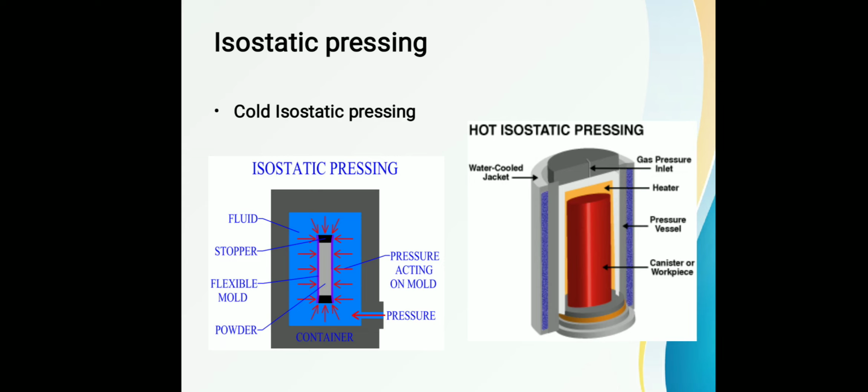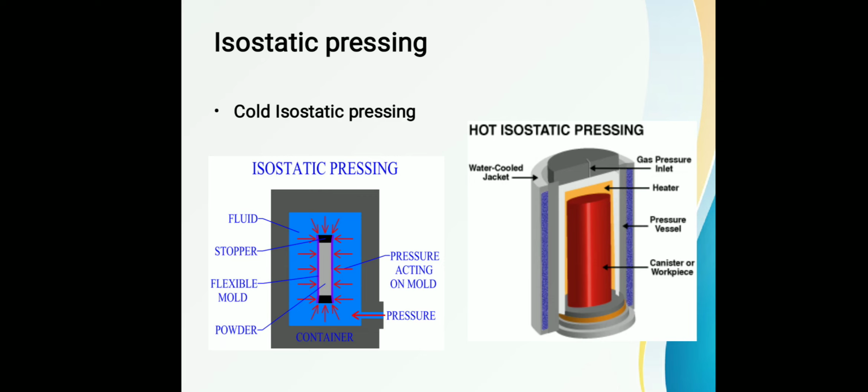Then the second is hot isostatic pressing. This is carried out at high temperature and pressure. Here we use a gas such as argon or helium as the compression medium. In that case, the mold is made from sheet metal, because it must withstand the higher temperature.